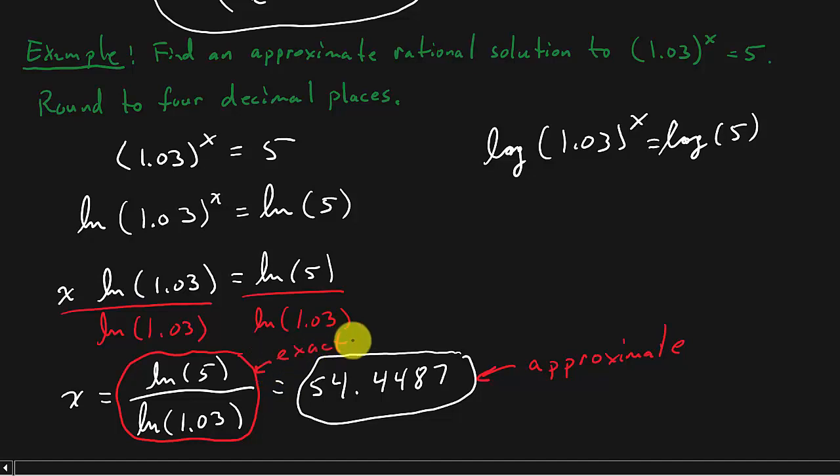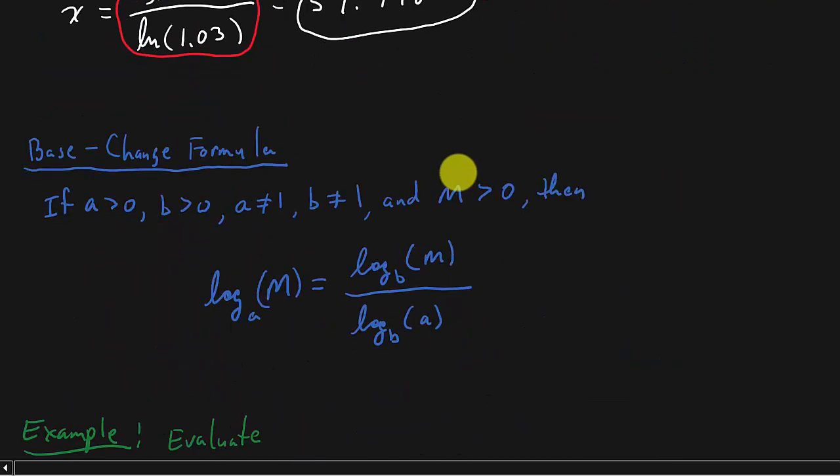So you may see in the directions when you're doing your homework, whether it's in the book or using My Math Lab or whatever you're using, the directions say find the exact answer. If it says that, then you leave it like this. If it says give an approximate answer, round to 4 decimal places, then you're going to do this. And it may ask for both, but now you know what they are.